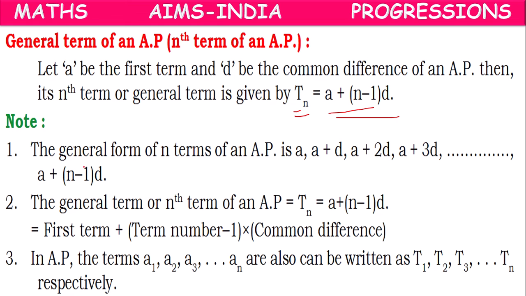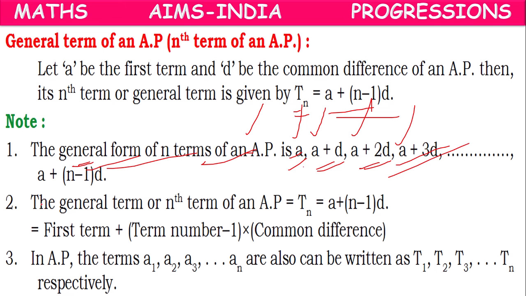The general form of terms in the AP becomes: first term always a, second term a plus d, third term a plus 2d, fourth term a plus 3d, and nth term a plus n minus 1 into d. In this way, the terms of an AP are defined.